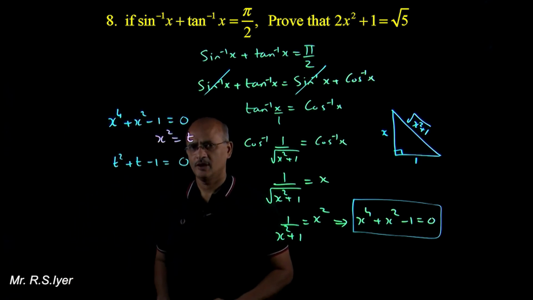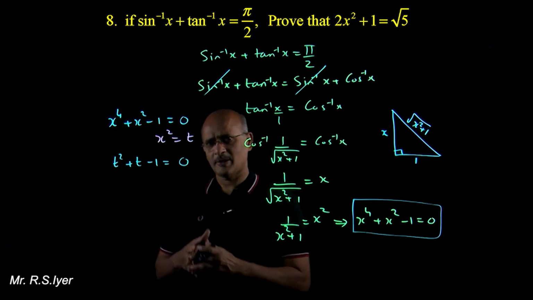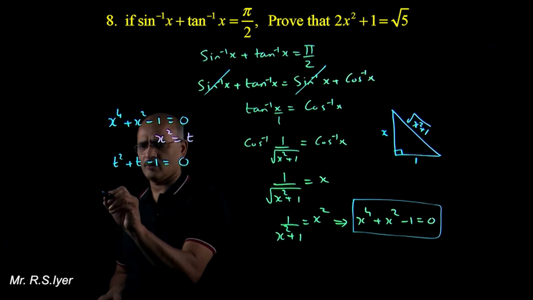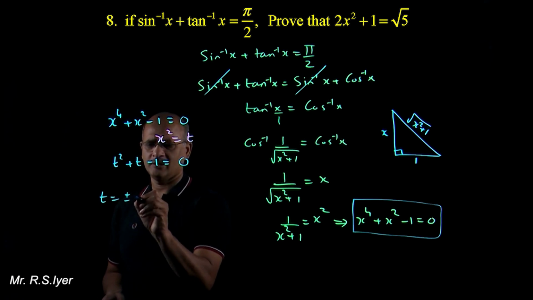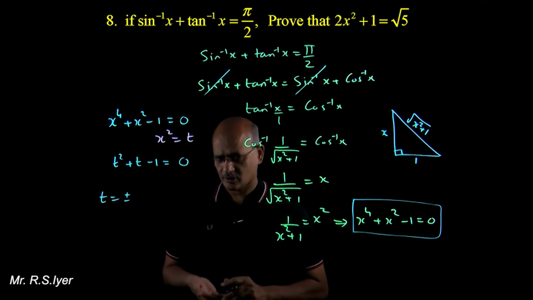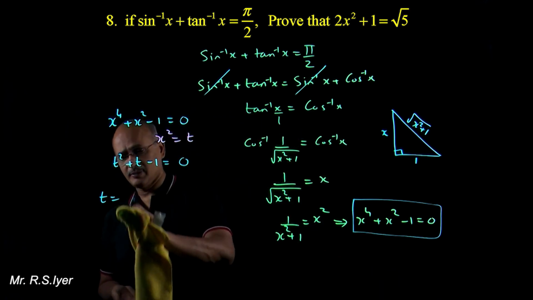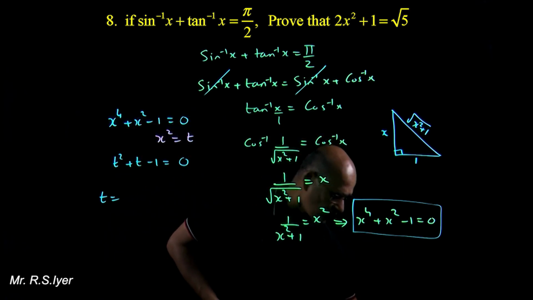Check yourself. Now don't you think this is the quadratic part? So quadratic everybody knows, t is equal to minus b plus or minus square root of b square minus 4ac, upon 2a.